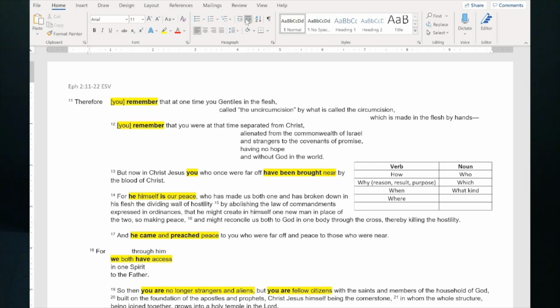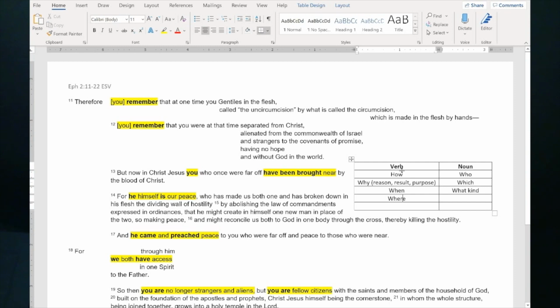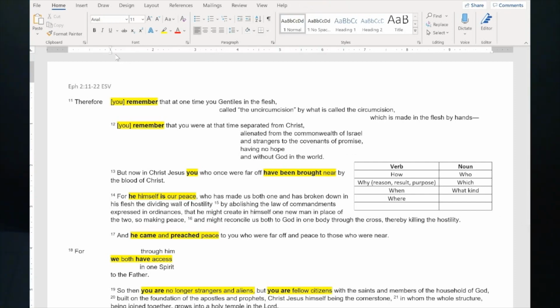So let's just put this right over this verb, "have access." And you could say the same thing about "in one spirit." Maybe that's saying something about where, and where modifies a verb, tells you more about a verb. And the same thing here about the Father.